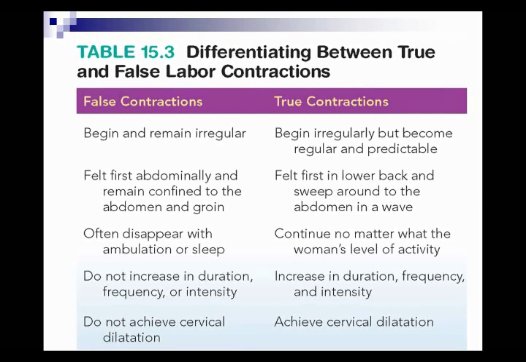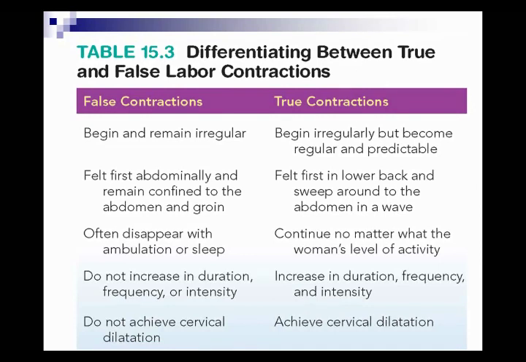And the biggest criteria, especially if women call to find out, should I come, am I in labor, is we tell them, well, are they disappearing if you walk? Change your activity. If you were walking when they come on, rest. Are they starting to slow down or go away? Then it's probably false. However, true labors will continue no matter what her activity is.